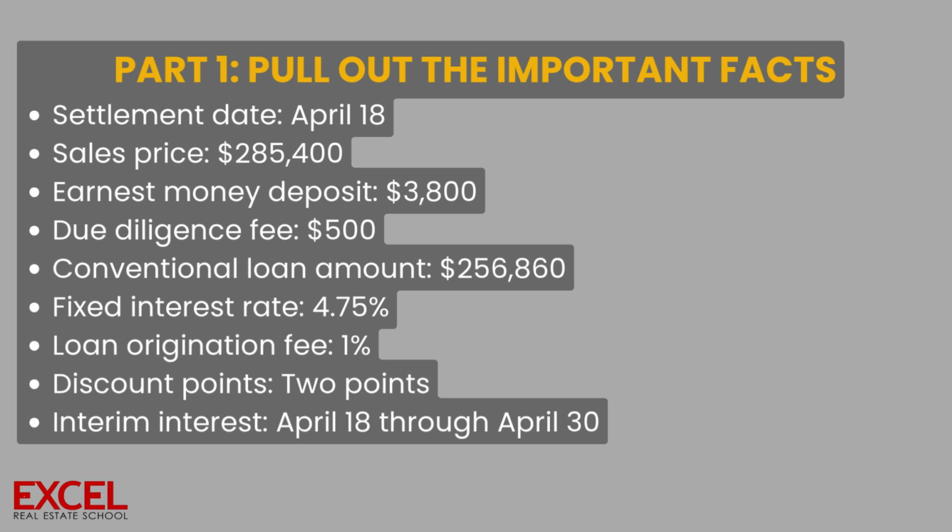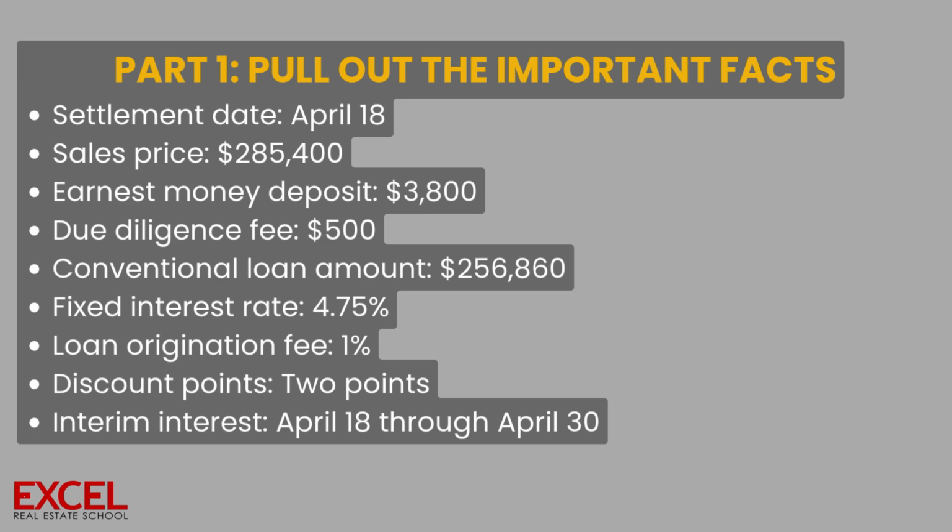So let's begin with basic information. The settlement date is April the 18th. The sales price is $285,400. Earnest money deposit is $3,800. Due diligence fee is $500. Conventional loan amount $256,860. The fixed interest rate is 4.75%.